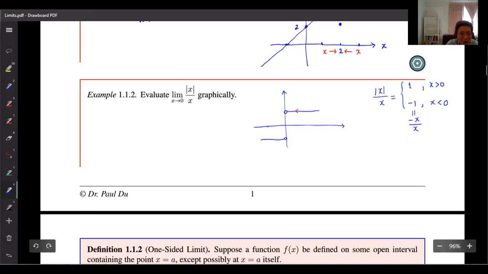From different directions approaching 0 for x, the function does not approach any fixed number. Therefore, the limit does not exist. So it's possible for a limit to not exist.